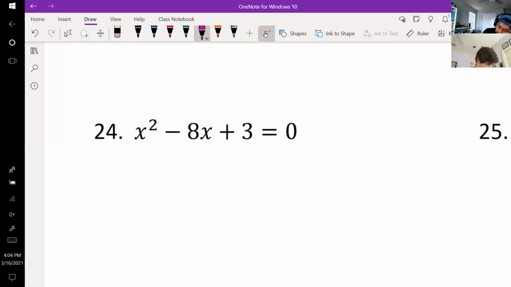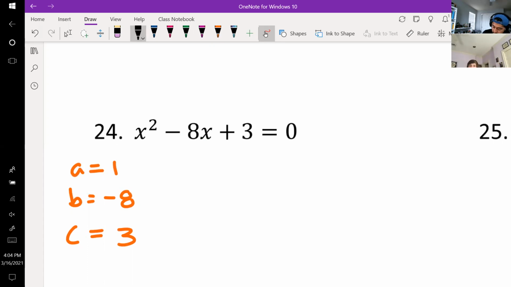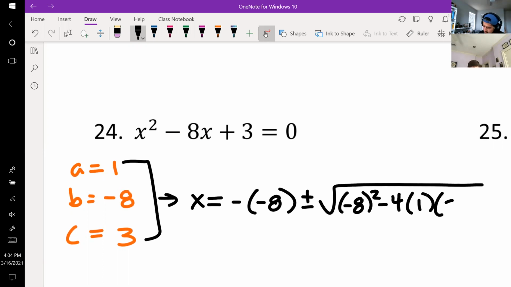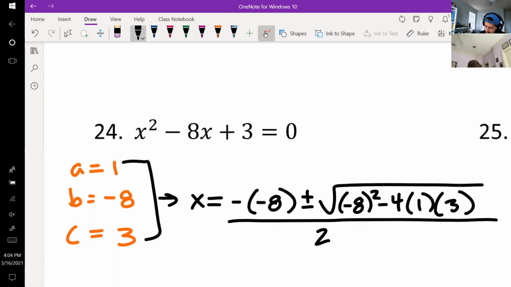24. x squared minus 8x plus 3. Here, a is 1, b is negative 8, c is 3. Plug into the quadratic formula. x equals negative 1 times negative 8 plus or minus the square root of negative 8 squared minus 4 times a times c, all over 2 times a.